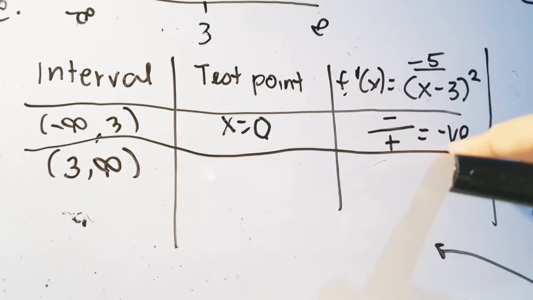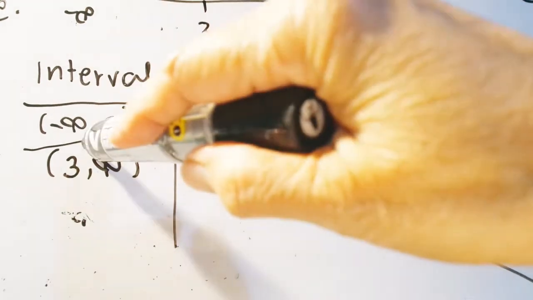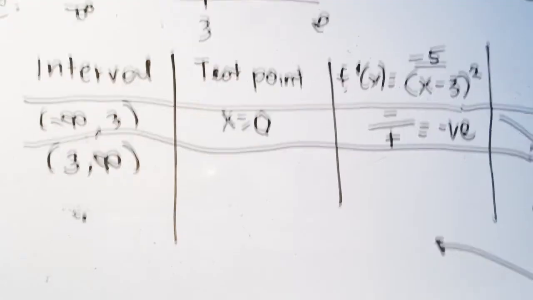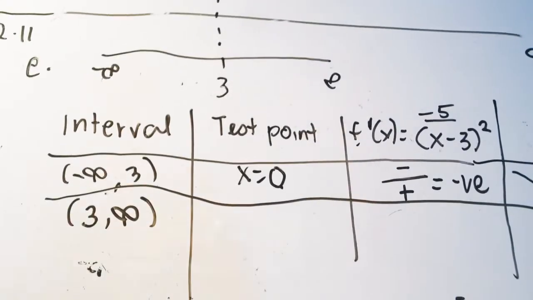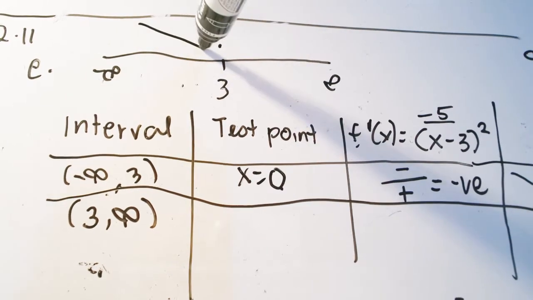If the slope is negative, the graph is going downwards. Okay? It's going downwards from where to where? Minus infinity to 3. So you draw a line that goes down like this.